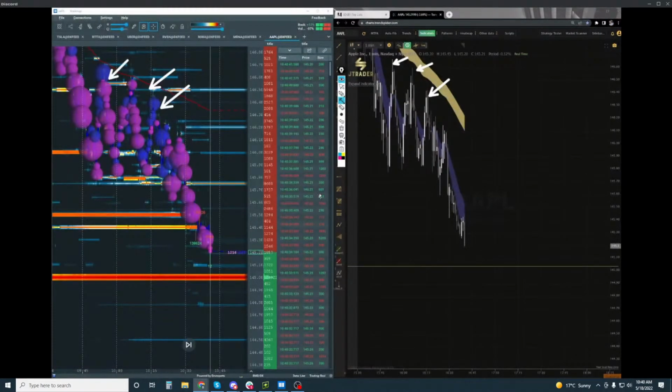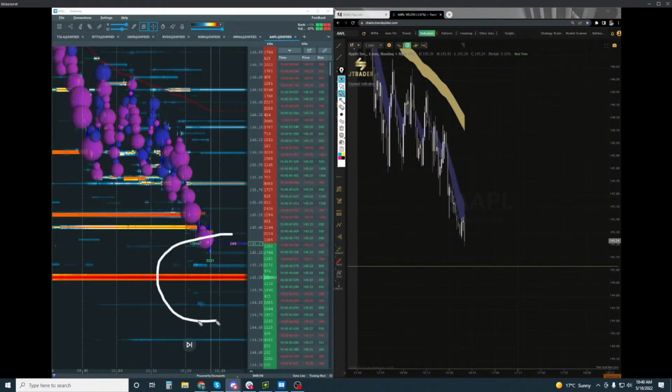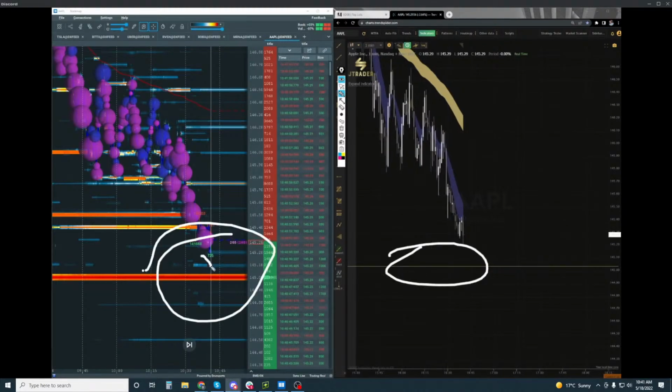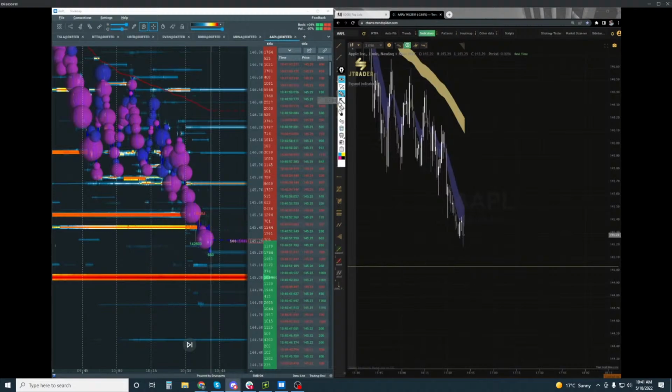So what does it mean? When we dump in that way, it means that somebody was selling hard, shorting big. And that automatically makes you understand, okay, we have a lot of short sellers. Short sellers will take profit often near a big support. This is a daily support as we saw before, plus we have a heat map. Now you start putting all the things together. It's like a process, all right?